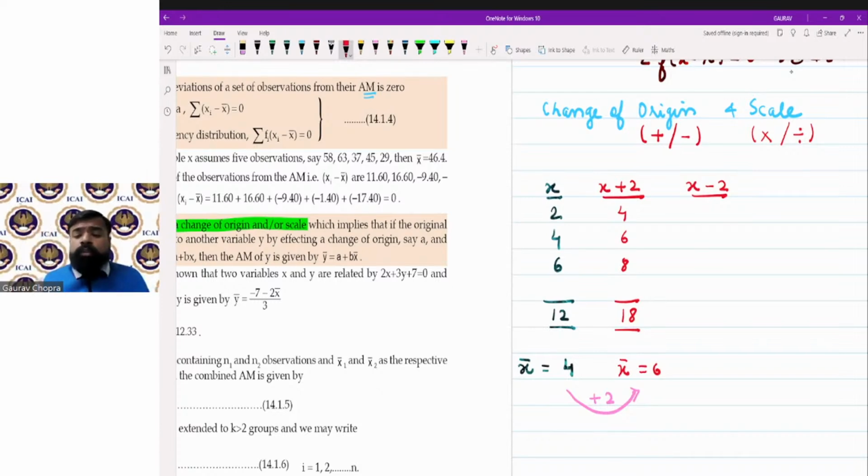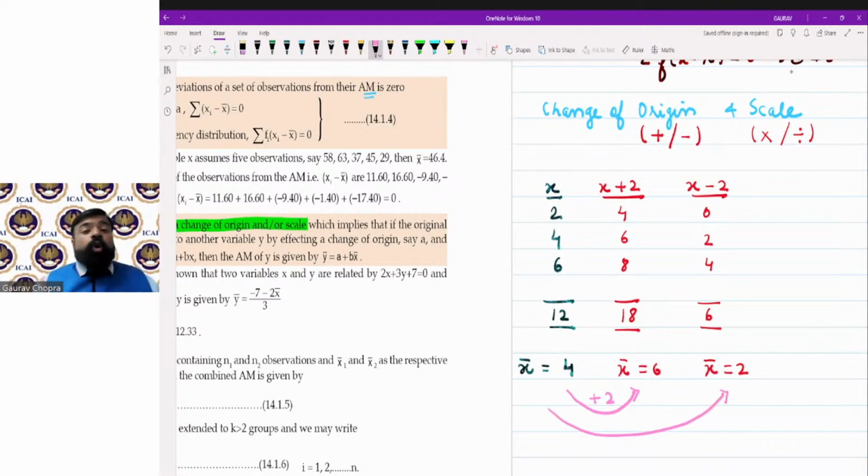If we subtract 2 from all the numbers, it becomes 0, 2 and 4. The total is 6, so the arithmetic mean will be 2.